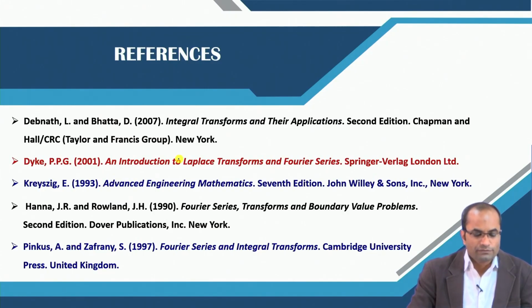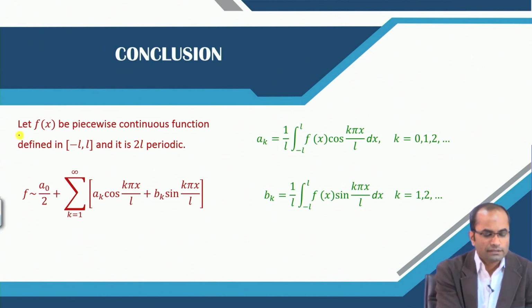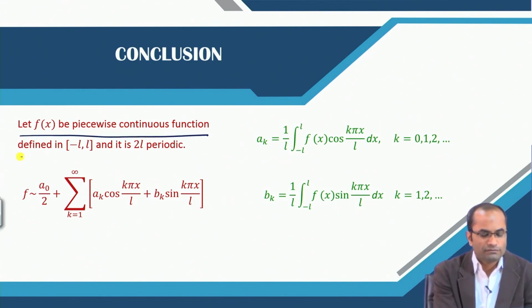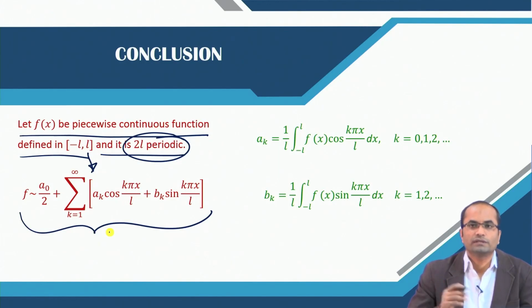Here we have the references used for preparing this lecture. Just to conclude, we have discussed that if f x is piecewise continuous, defined on this interval, whether or not it is 2L periodic, we can write down the Fourier series, and it will converge to a 2L periodic function.